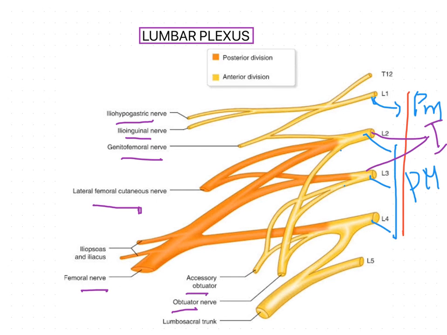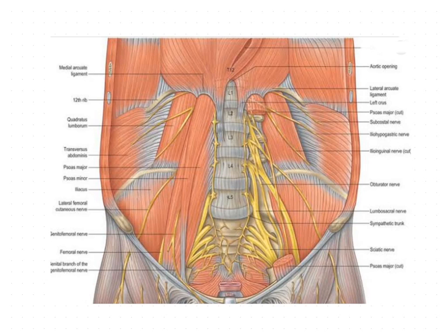Now we will see how these branches are related to the psoas major muscle. Here you can see the lumbar region, that is, the posterior abdominal wall. This one is the psoas major muscle and this one is the psoas minor muscle.